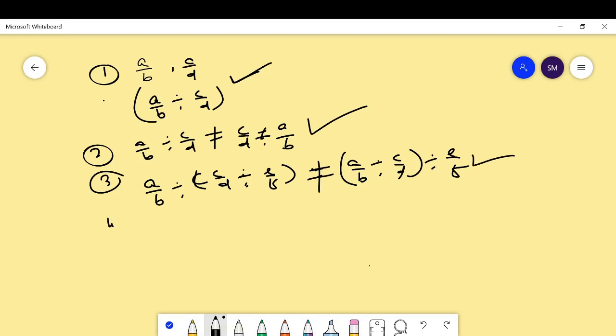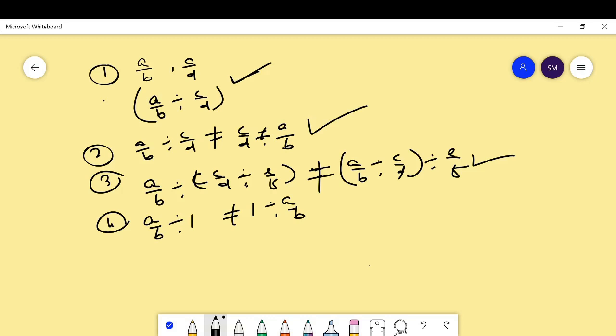Next, it doesn't satisfy identity property. Suppose A by B divided by 1 is not equal to 1 divided by A by B. This means division also doesn't satisfy the identity property. And inverse property, division also doesn't satisfy inverse property.